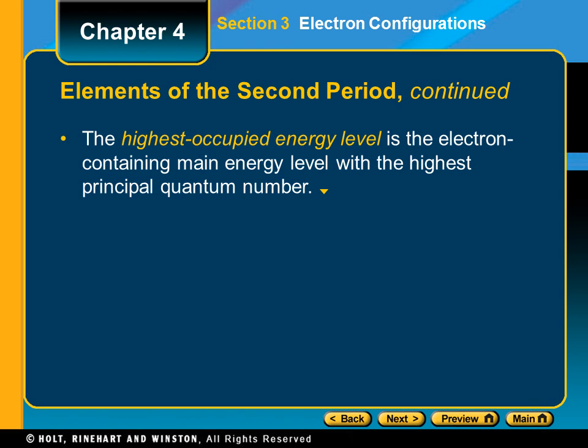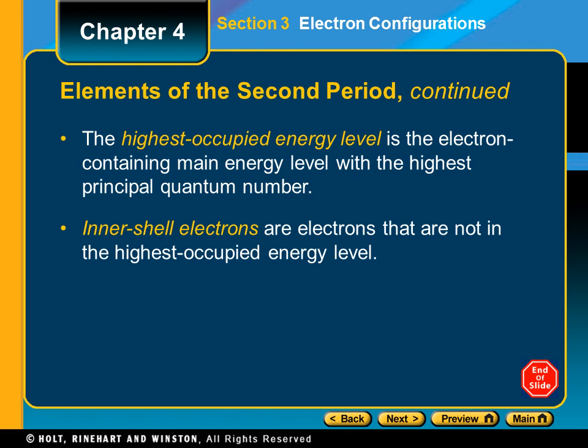The highest occupied energy level is the electron-containing main energy level with the highest principal quantum number. So now we have inner shell electrons, which are electrons that are not in the highest occupied energy level. The way you can think about this is, if you were to draw these as orbits, the orbit farthest from the nucleus would be the highest occupied energy level.